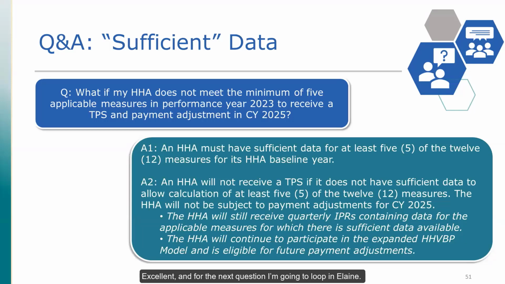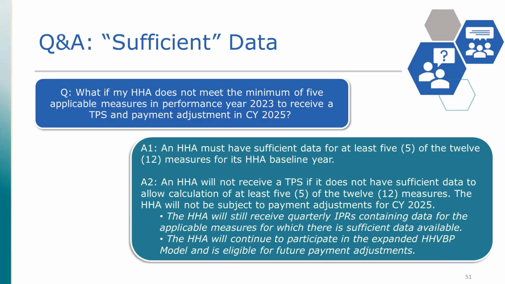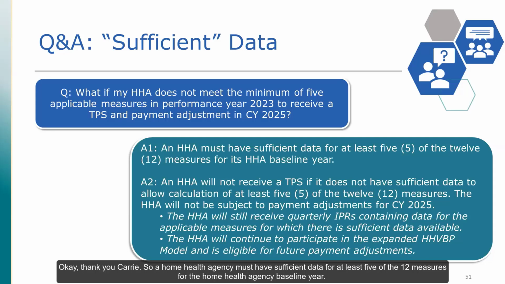Excellent. And for the next question, I'm going to loop in Elaine. Elaine, what if my HHA does not meet the minimum of 5 applicable measures in performance year 2023 in order to receive a TPS and payment adjustment in calendar year 2025? Okay, thank you, Carrie.